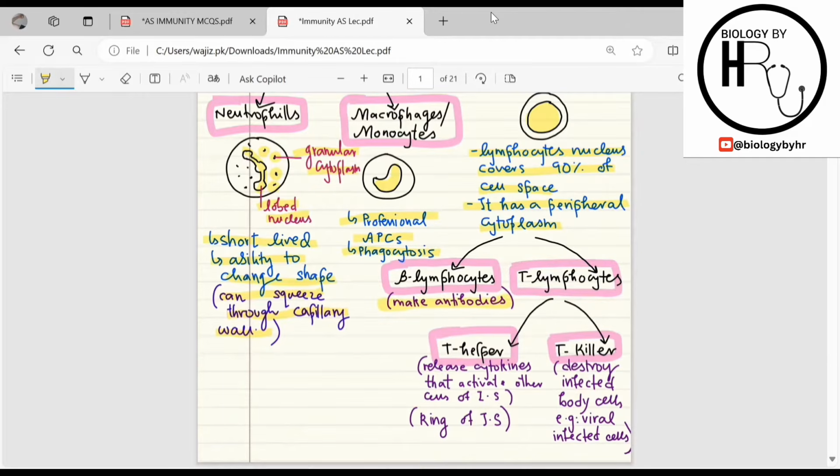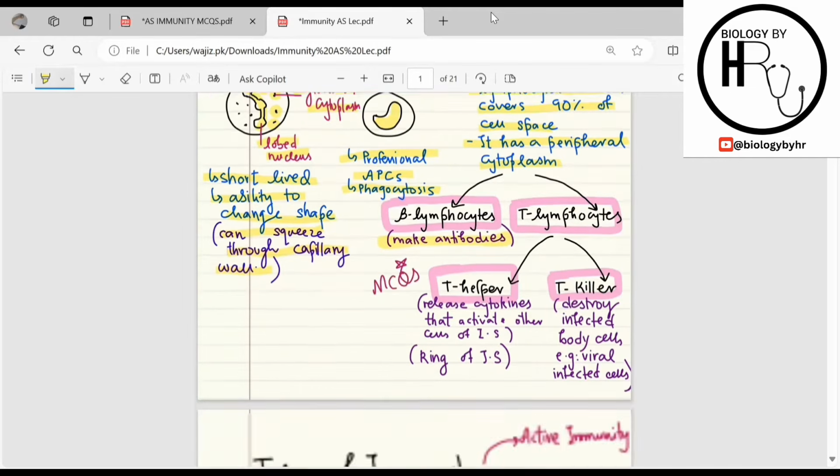When B lymphocytes identify any antigen, they further divide into the plasma cells as well as the memory cells, and those plasma cells are the ones that release the antibodies. So in short, the B lymphocyte makes the antibodies, and this is a very high yield statement for your MCQs.